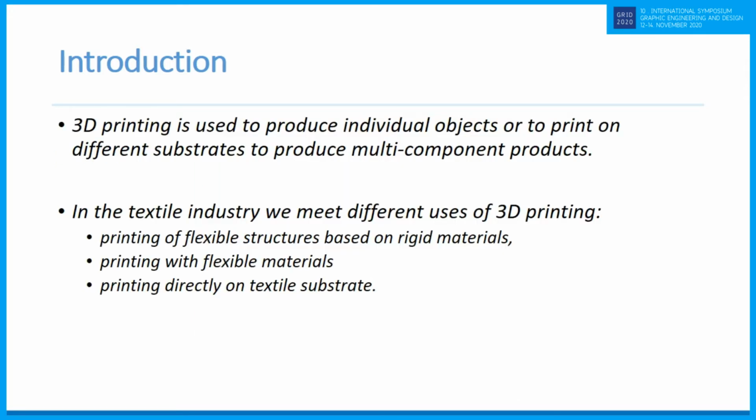3D printing is used to produce individual objects or to print on different substrates to produce multi-component products. In the textile industry, we meet different uses of 3D printing. One is the printing of flexible structures based on rigid materials. Another is printing with flexible materials, and the third is printing directly on textile substrate.